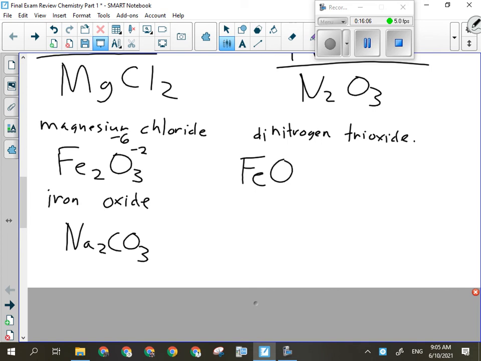That means the positives and the negatives have to cancel each other out. So I need 6 positives to come from here. What's 6 divided by 2? 3. So each iron must have a positive 3 charge. So this is iron(III) oxide.